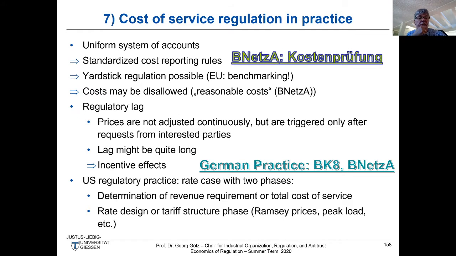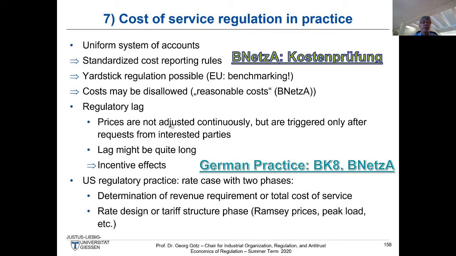In such a rate case, you have the determination of the revenue requirement or the total cost of service. That was our first part, where we determine the cost, how we calculate and monitor them, in particular as a regulator, and then how we translate that into a flow.